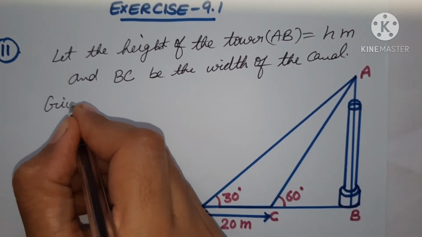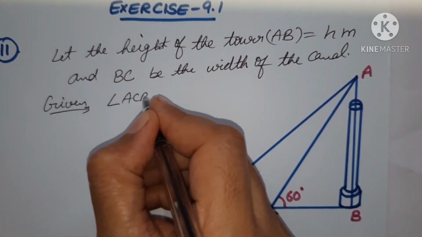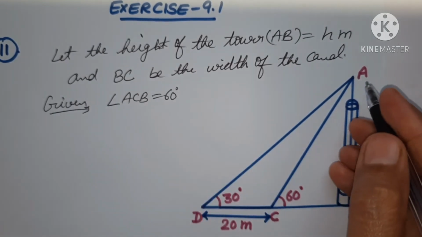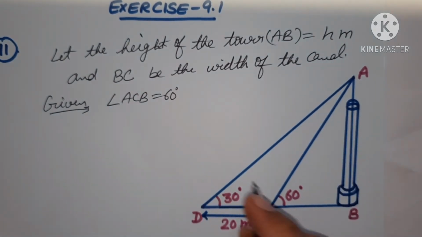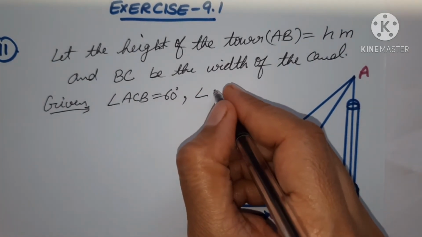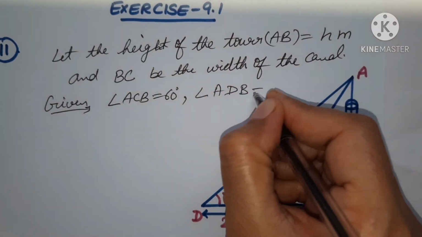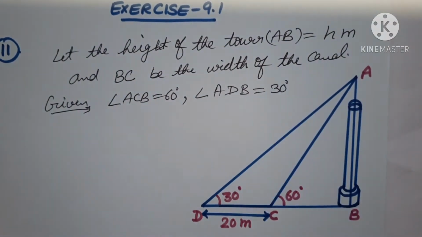In this question they gave angle ACB is 60 degrees, and another angle ADB is 30 degrees.